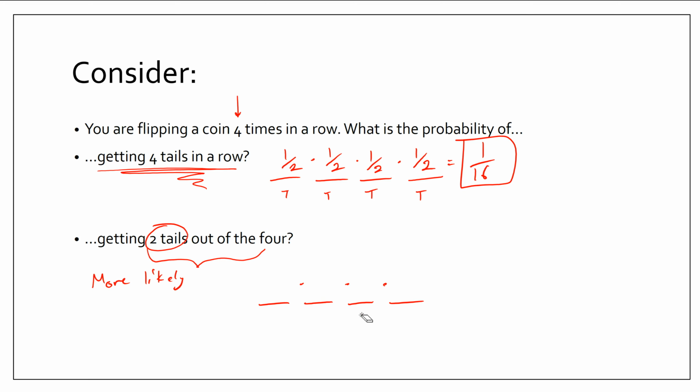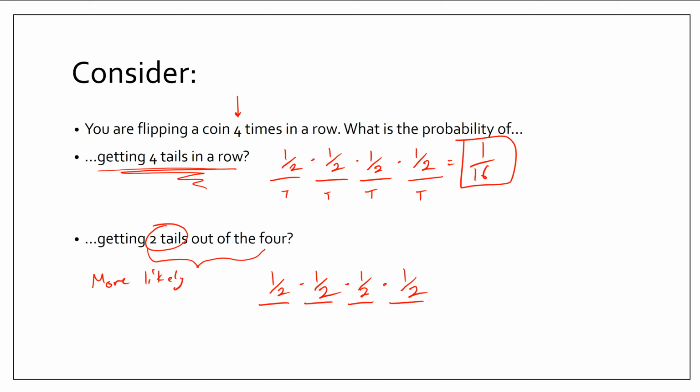I don't know. And because I don't know, even if I do 1/2 times 1/2 times 1/2 times 1/2, and that should make sense because heads and tails are equally likely, don't I have many different ways that this can happen? So basically it's more complicated than just doing 1/2 times 1/2 times 1/2 times 1/2.